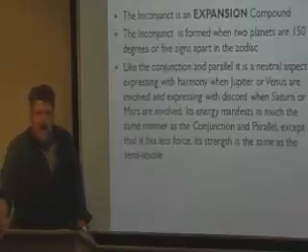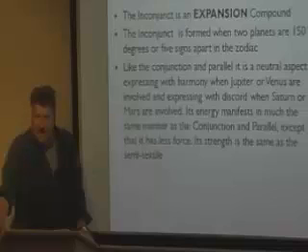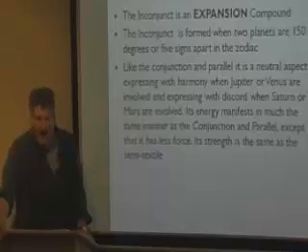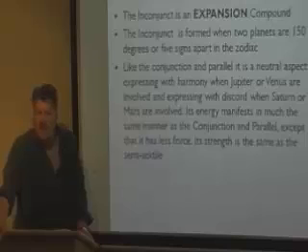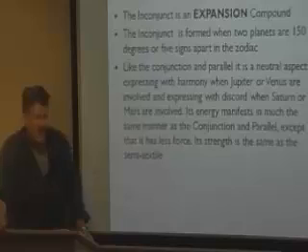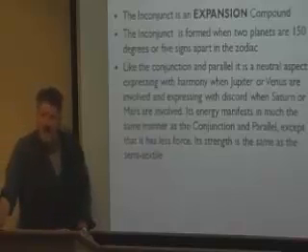Of the neutral aspects, the conjunction's really easy to delineate. The parallel and the inconjunct are much harder to sink your teeth into and give a good delineation on, because they're adding energy in the chart.